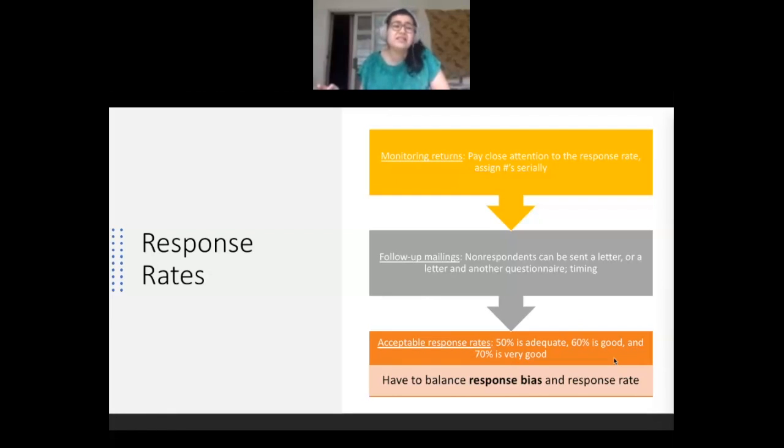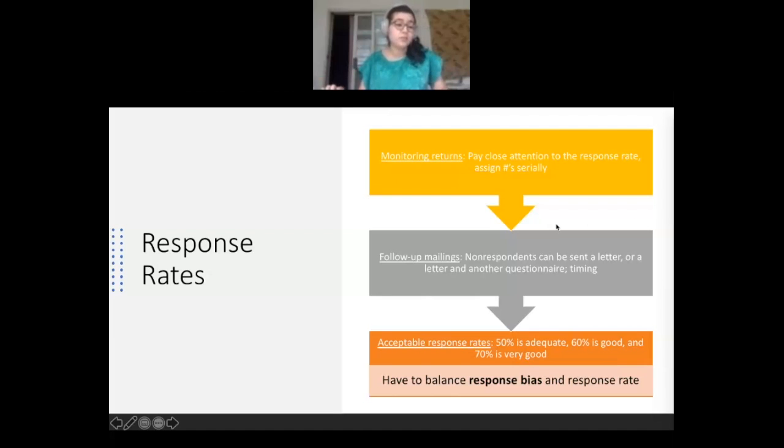This is going to depend too on the population you're targeting. If you're trying to analyze your program's effectiveness and your client response rate is super low, you can't really say with accuracy how effective your program is being. So those are the conventional standards, but you also need to take into account the type of population you're trying to reach.